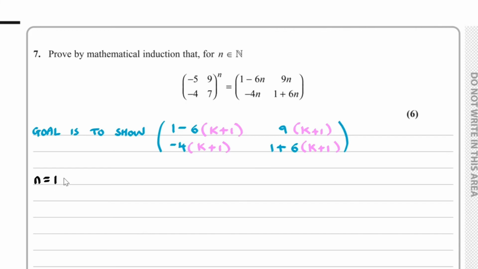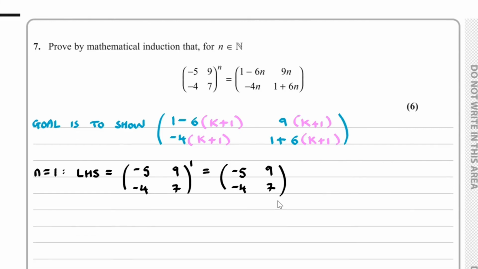Now, the way we start mathematical induction is to consider what happens when n equals 1. And when n equals 1, the left-hand side, we've got minus 5, 9, minus 4, 7 to the power of 1, which is equal to minus 5, 9, minus 4, 7.